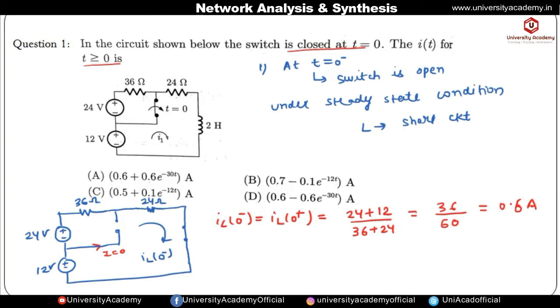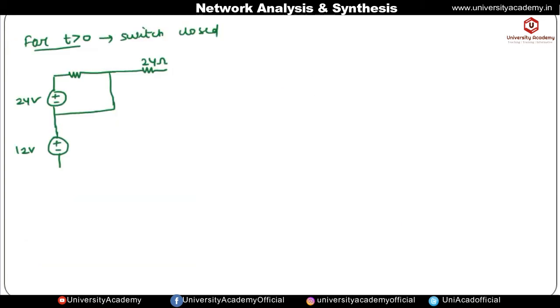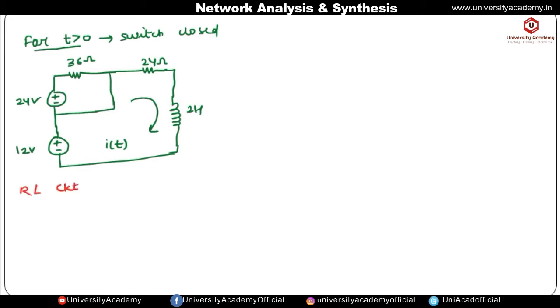This resistance is 36 ohm, and here we have an inductor whose value is 2 henry. We have to find out the current i of t expression. So this is an RL circuit with a DC source.